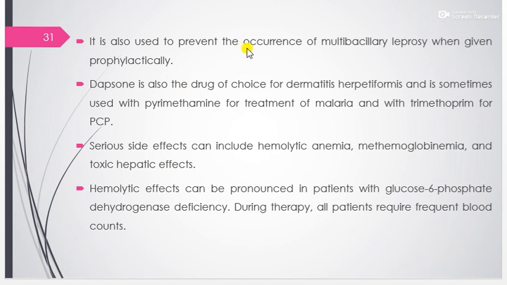Dapsone is used to prevent occurrence of multibacillary leprosy when given prophylactically. It is also a drug of choice for dermatitis herpetiformis, and is sometimes used with pyrimethamine for the treatment of malaria and with trimethoprim for PCP.